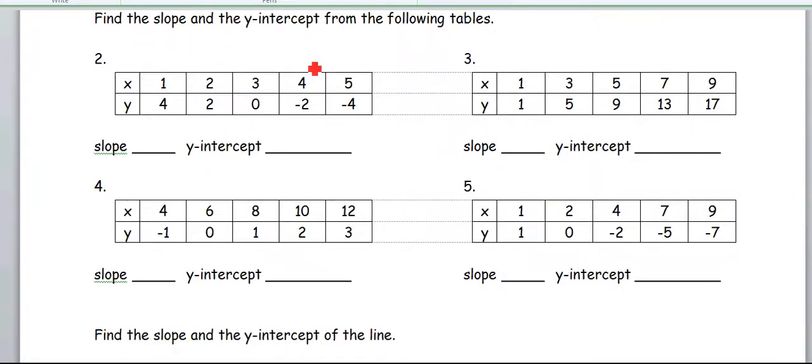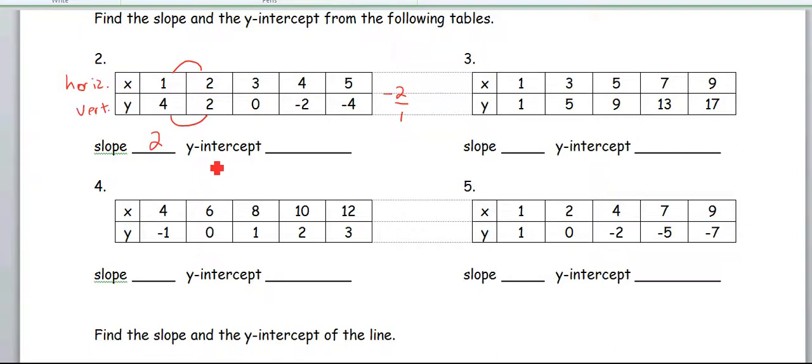Number 2, let's look at this. This is horizontal change. This is vertical change. So I'm going up by 1. So I'm going to put that down here, 1. And from 4 to 2 is -2. So -2 divided by 1 is -2. A y-intercept.